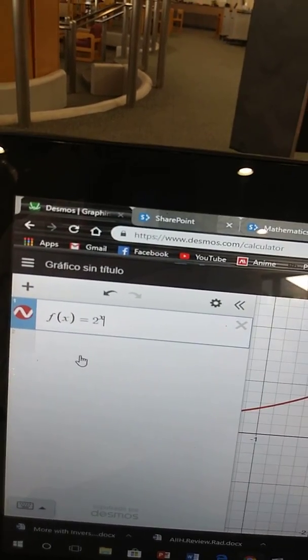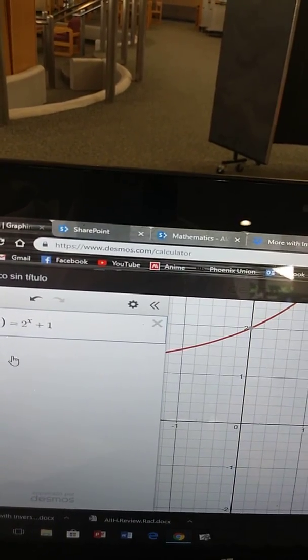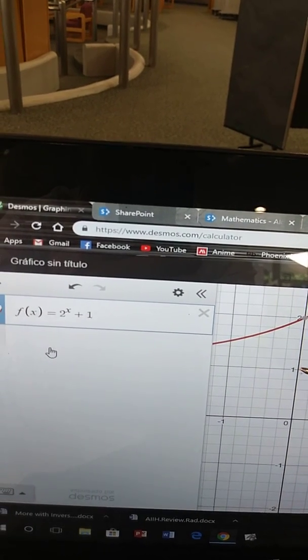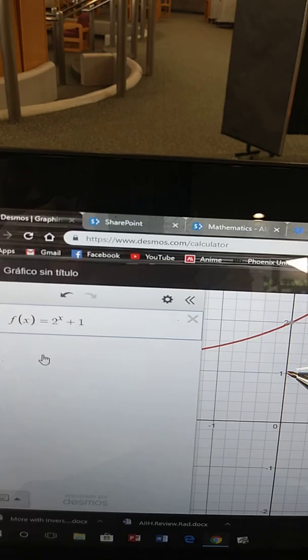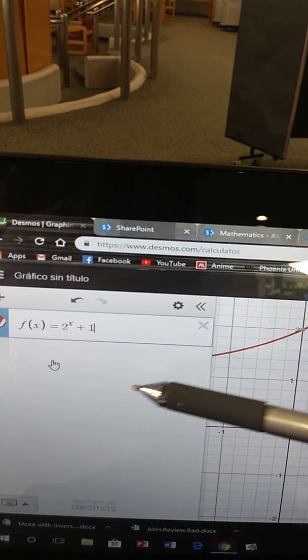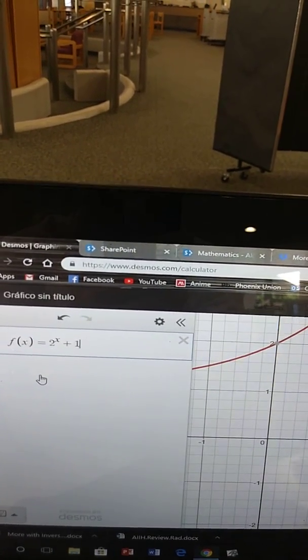So if we add plus 1, the graph should go up 1 unit. And check it out. The graph used to pass through this point. Because it went up 1 unit, now the graph passes through that point. So that's what it means that the graph shifted up. Pretty much the point of intersection will shift up as well.